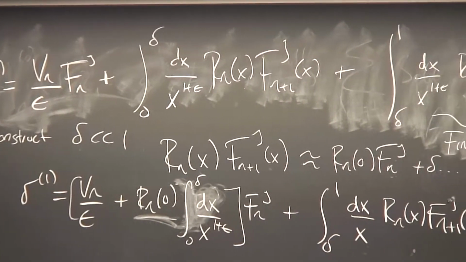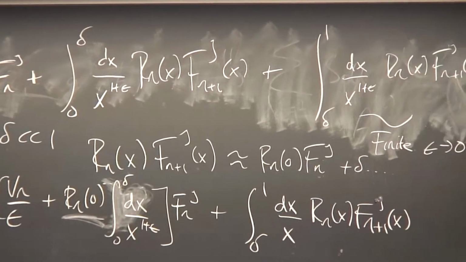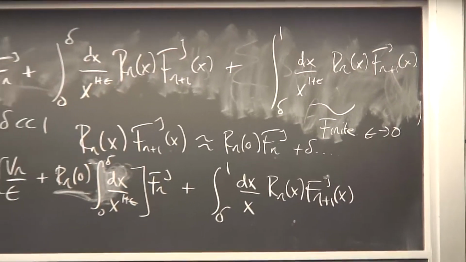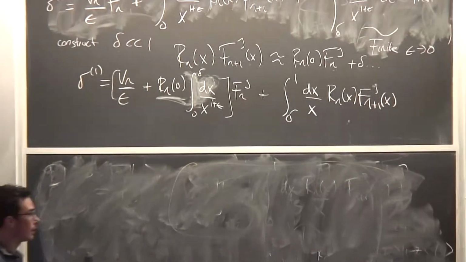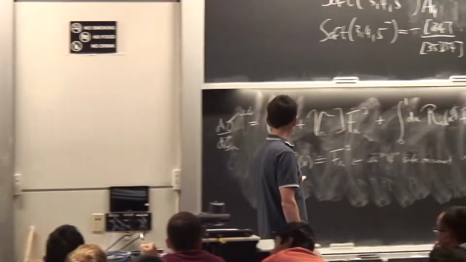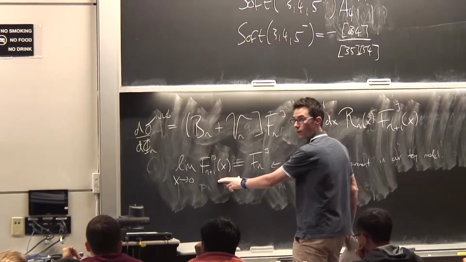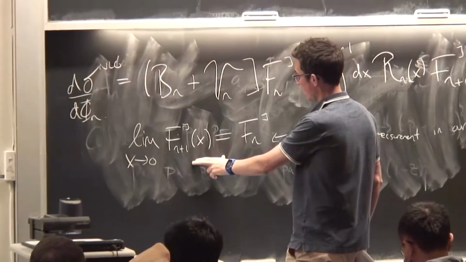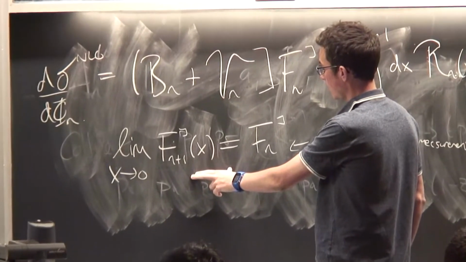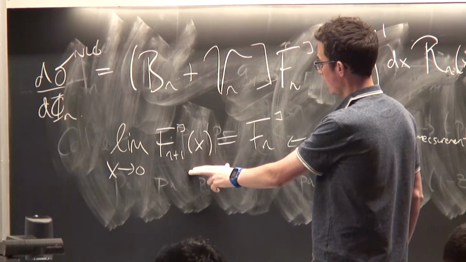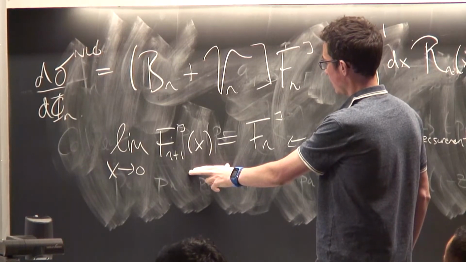So far, it seems like, as far as infrared safety goes, all you really need to assume was that F is finite. Sorry? It seems like more has been assumed in that condition than you need thus far. Can't you get away with just having F be finite in the limit x goes to 0?